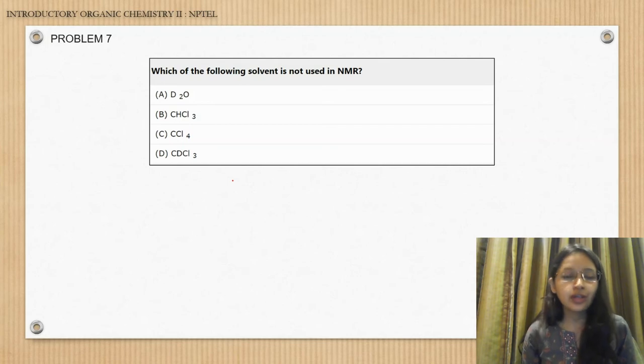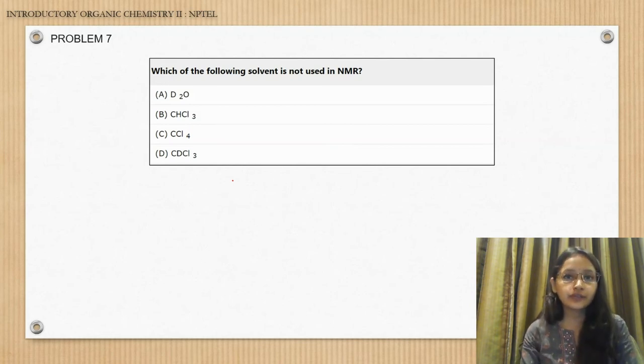So what is the point of recording the NMR? You record NMR to check that you have obtained a purified product, and the correct product. That is the need for NMR: interpreting and purifying.